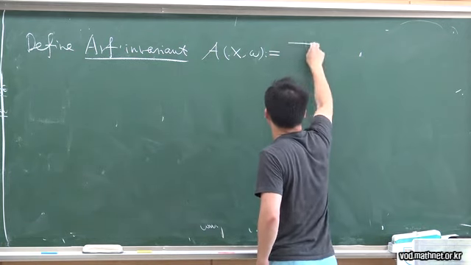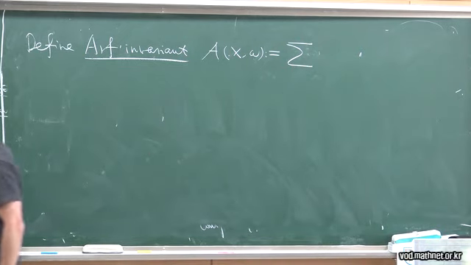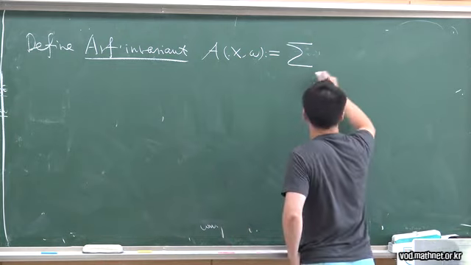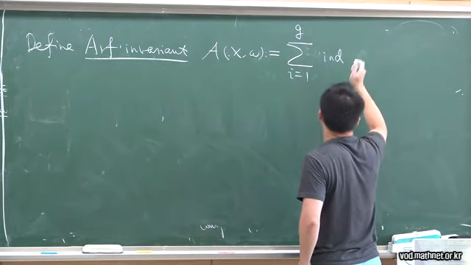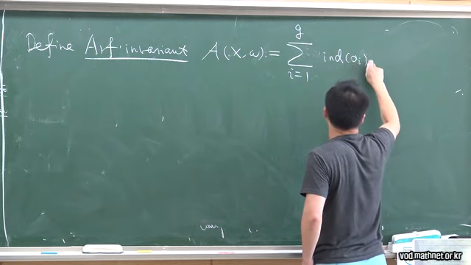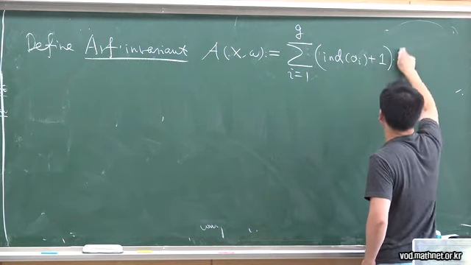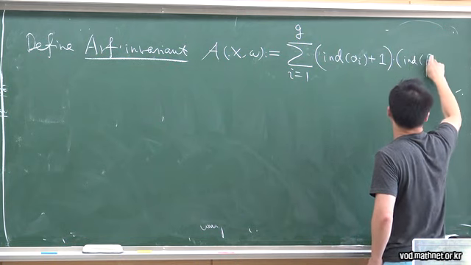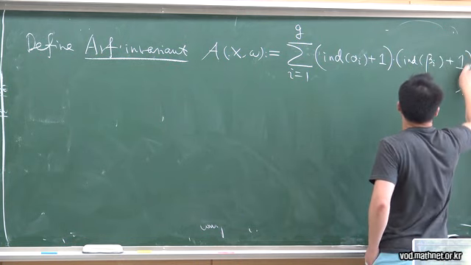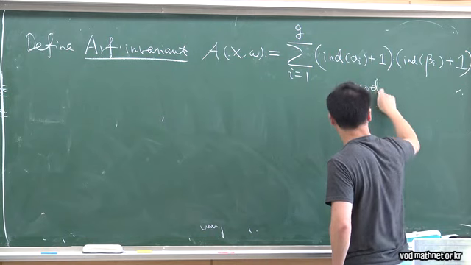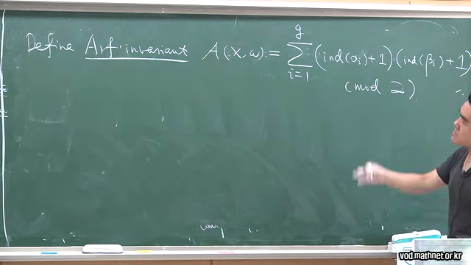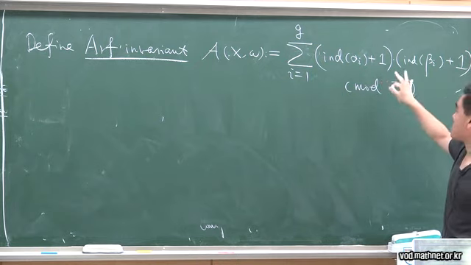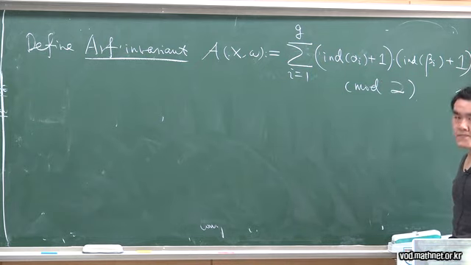What I do is take this alpha i and beta i and look at the index of them: the index of alpha i plus 1 times the index of beta i plus 1, and then I consider it mod 2. Then if it's even, I get an even spin structure. If it's odd, I get an odd structure.